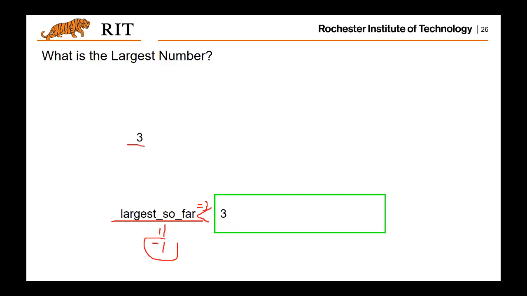So we assign 3 to this largest number, and now it becomes 3. Just keep it in mind, all right? And then we check the second number inside the array. It's 41, and currently the largest so far is 3. Is 3 greater than 41? No. So 41 is larger. Then we just drop the 3 and assign 41 to this largest so far. And then continue to do the next iteration.